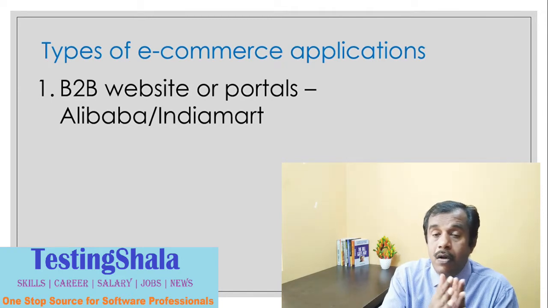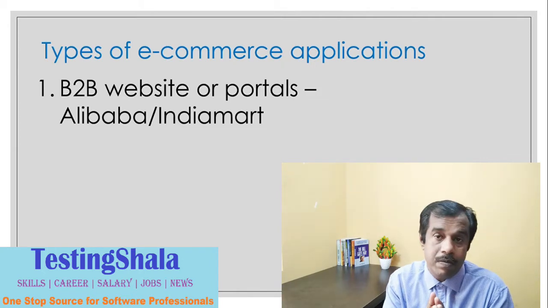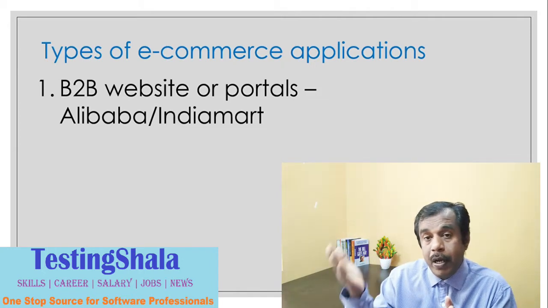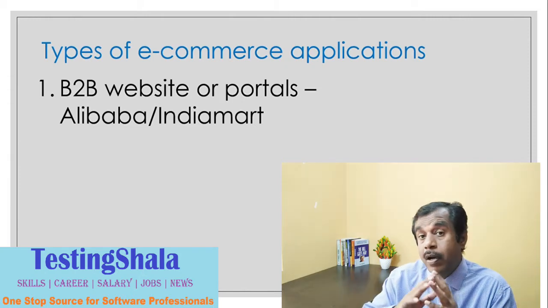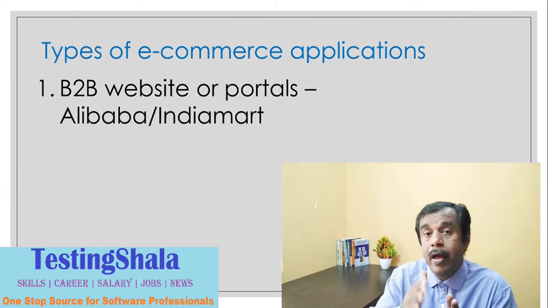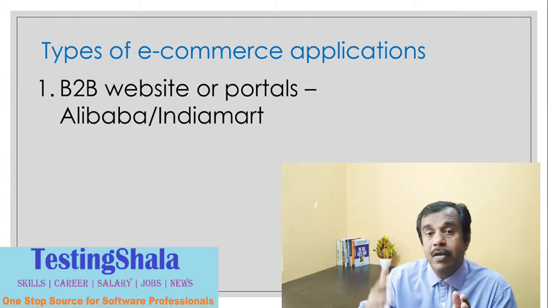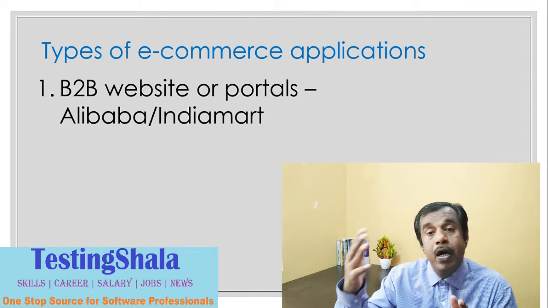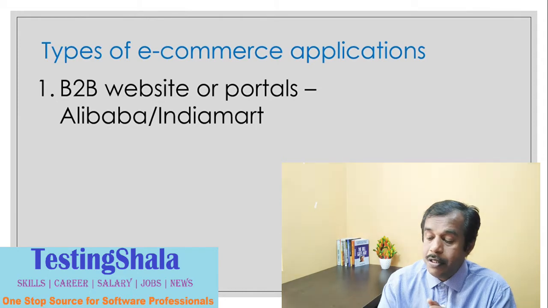Here all the business manufacturers and wholesalers come onto this platform. The people who buy on this platform are again business people only, in a bulk way. So it is called business to business. Business people will sell their products or their features or functionalities to another businessman. That is the first type of e-commerce application.